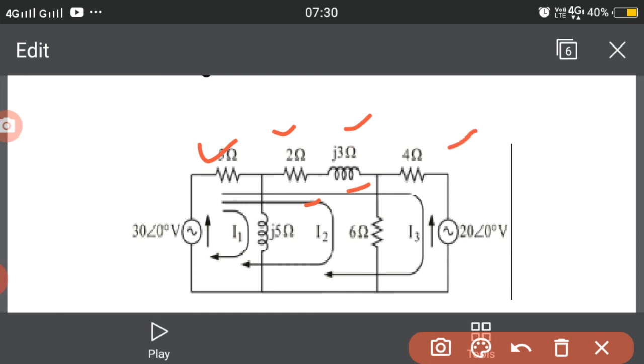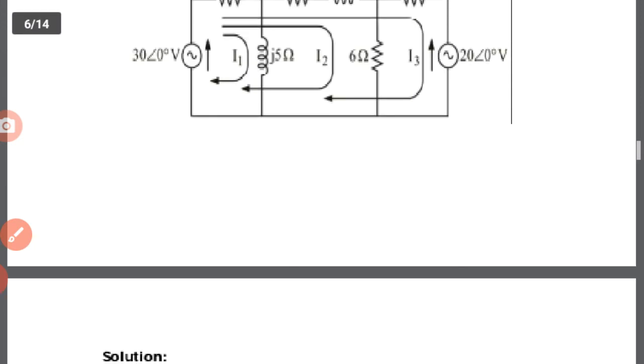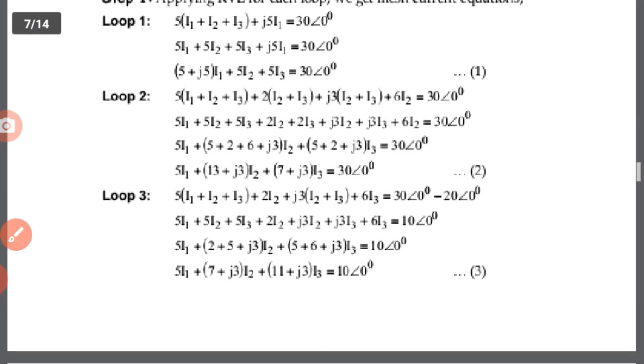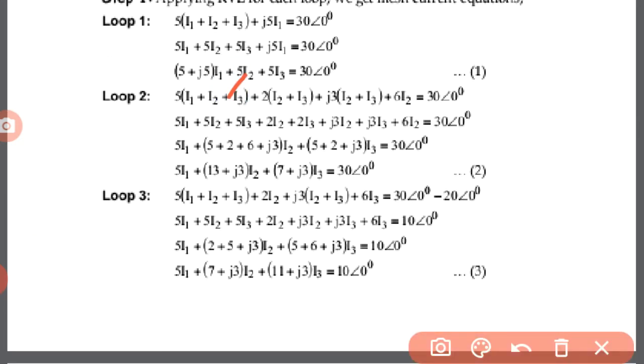Next, for the 4 ohm, only the I3 current is flowing, that is 4 into I3. That is the second equation: 5 into (I1 plus I2 plus I3) plus (2 plus J3) into (I2 plus I3) plus 4 into I3 is equal to 30 angle 0 degrees.